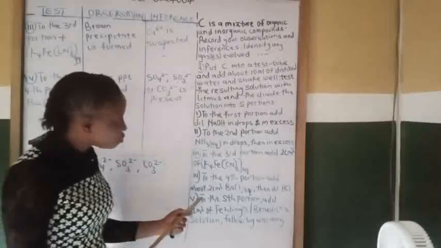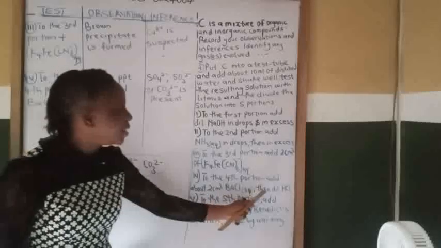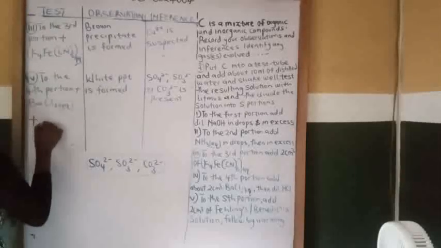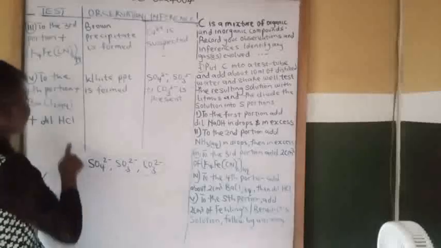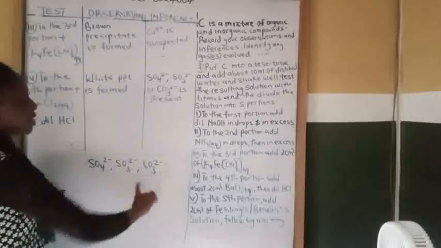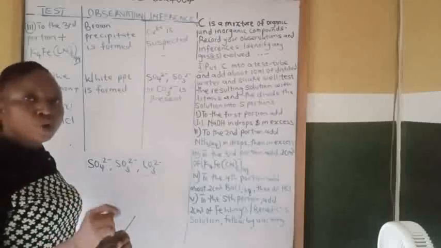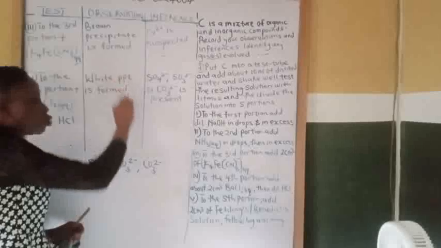So let's read further. After addition of barium chloride, then add dilute HCl. So the next line you are going to write plus dilute HCl. Don't forget, if it is CO3, there will be effervescence of colorless and odorless gas, and the white precipitate will dissolve.